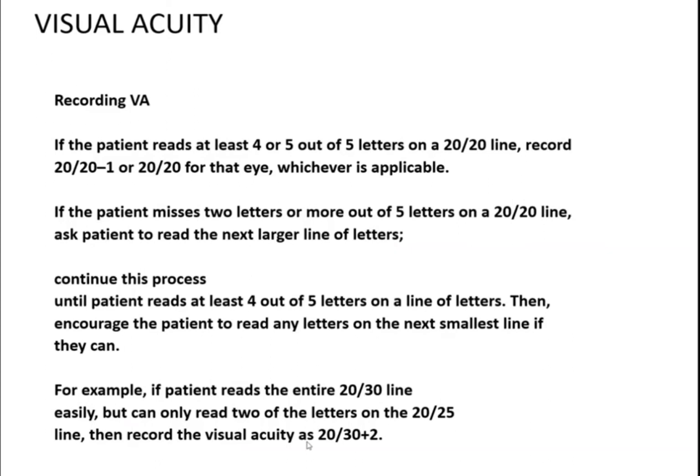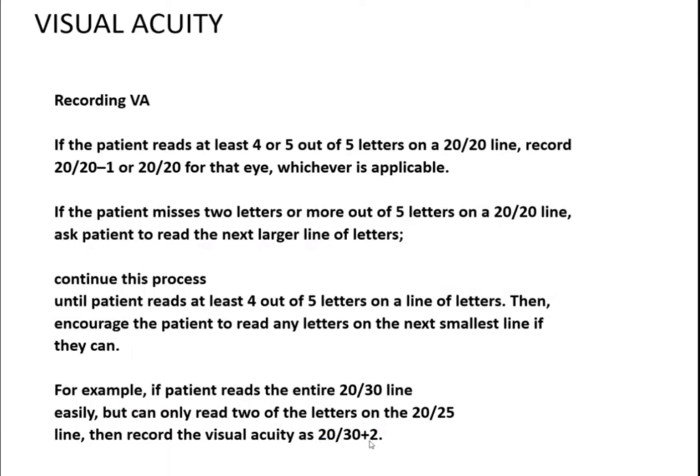There's also the possibility they can write visual acuity with a plus number behind, like 20/30 plus 2. So that plus 2 means that the patient can read an additional 2 letters on the line below it. Like on 20/25, you can probably read 2 more letters on it, in addition to the 20/30 line.